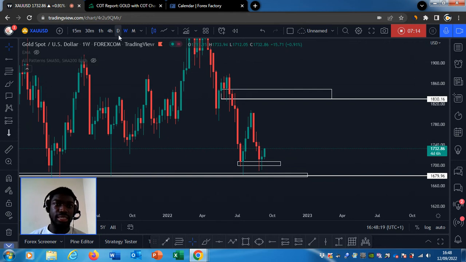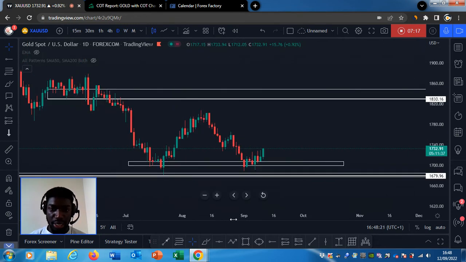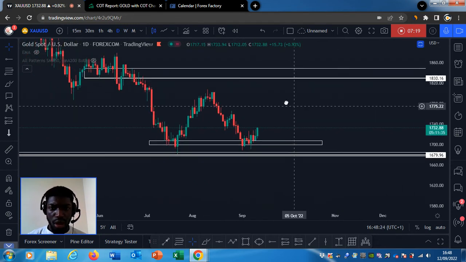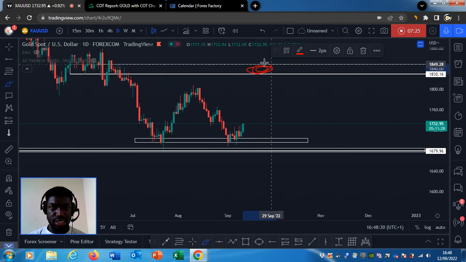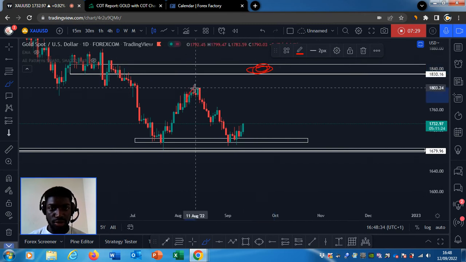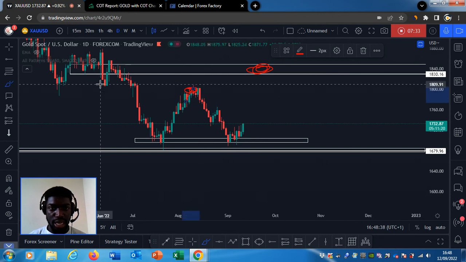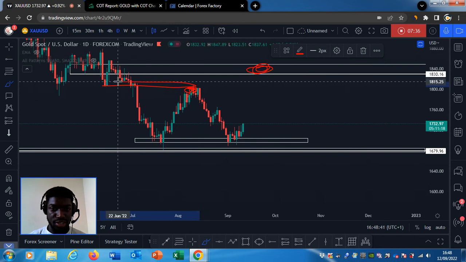Okay, now on to the daily time frame. Since we know that the weekly is confirming a bullish pressure to the upside to test this range that we haven't visited due to the lack of bullish momentum around this area of resistance.